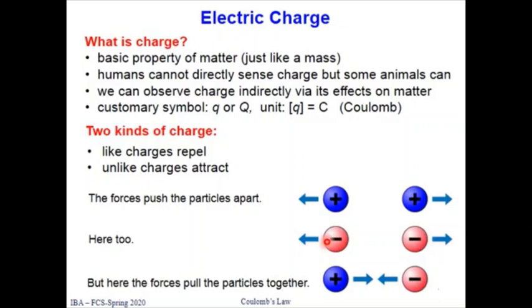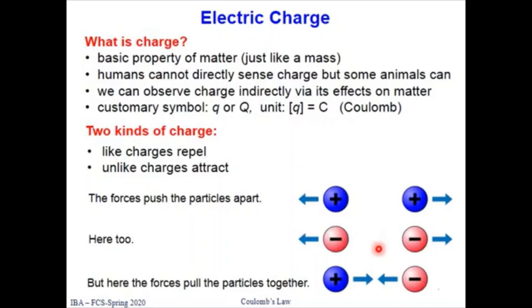The diagram of the force vector depends on the sign of the charges. If the particles have the same sign, like positive and positive, they repel each other. That means that the force vector on each is directly away from the other particle. If you release the particles, they accelerate away from each other.